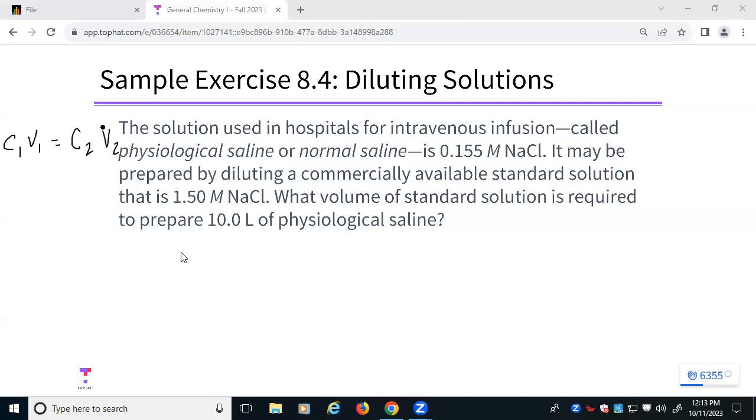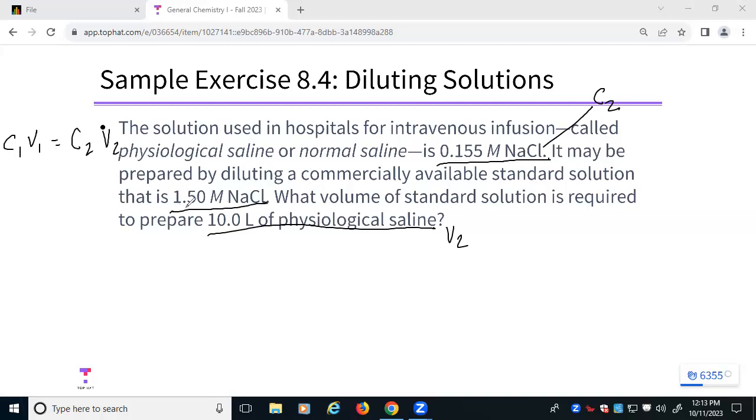If I needed to make 10 liters of physiological saline, how would I go about doing it? Well, that's where this equation comes in handy, because what I can look at here is I can say, okay, the physiological saline, that's the stuff I'm trying to dilute to. So there's my V2. And this is the concentration I want it to be. So that's C2.